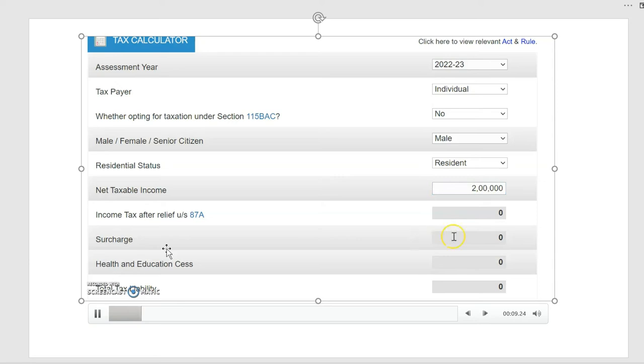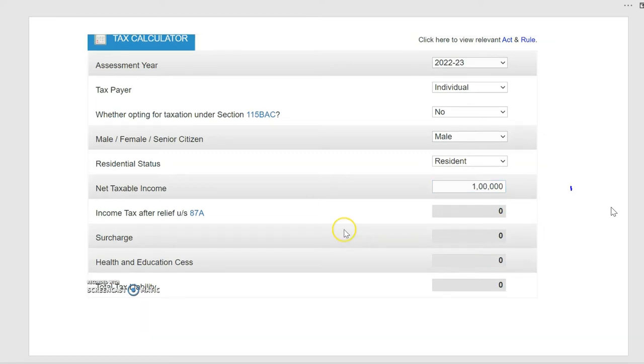If you try to calculate the income tax of a person, if the net taxable income is below 5 lakh, then it happens to be zero. But if it is 15 lakh, then the person has to pay 2 lakh 70,000 income tax. So, for example, if you take this as W.